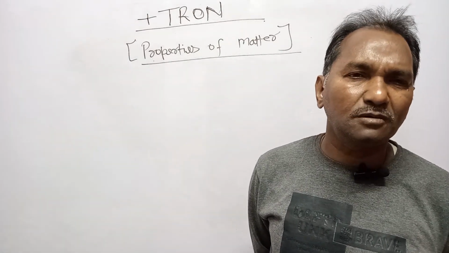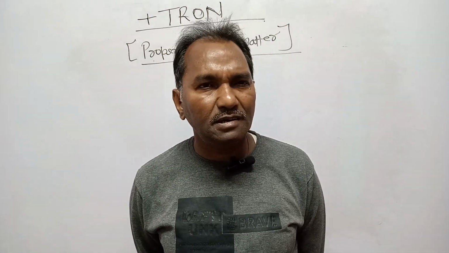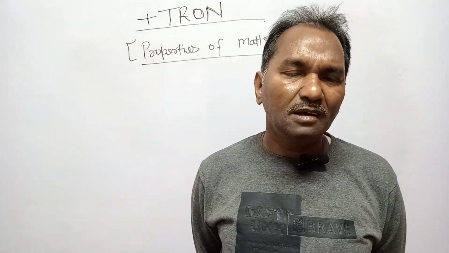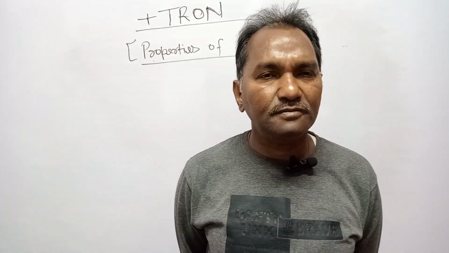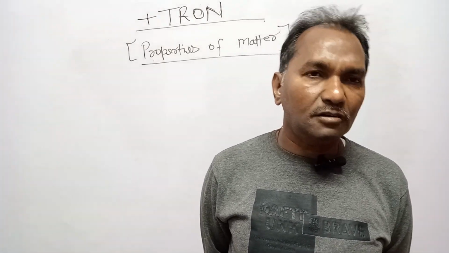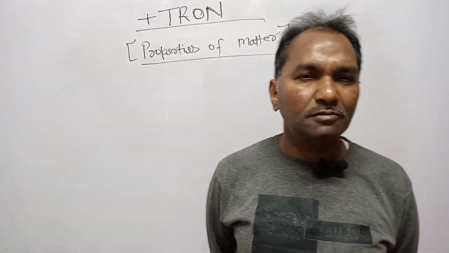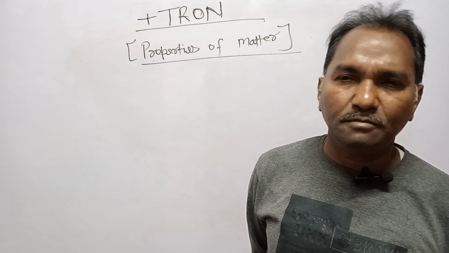Dear students, on the basis of elasticity we can divide bodies into two parts: elastic bodies and plastic bodies. An elastic body completely regains its original status after removal of the applied force, and a body which cannot regain its original status after the removal of the force is said to be a plastic body.